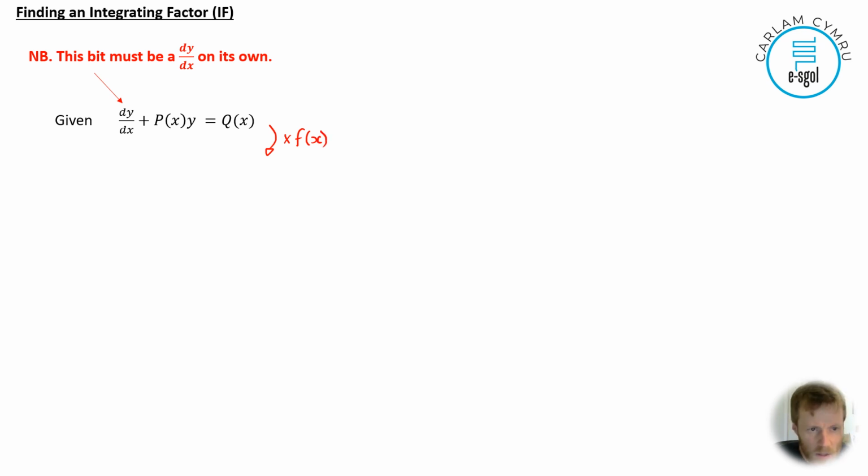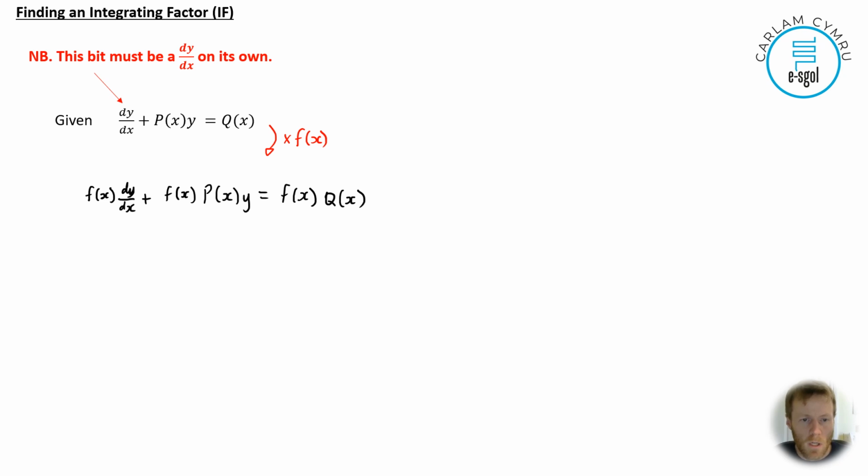That is going to give us then f of x dy over dx plus f of x times p of x y equals f of x times q of x. Okay, so we've got various different functions here.